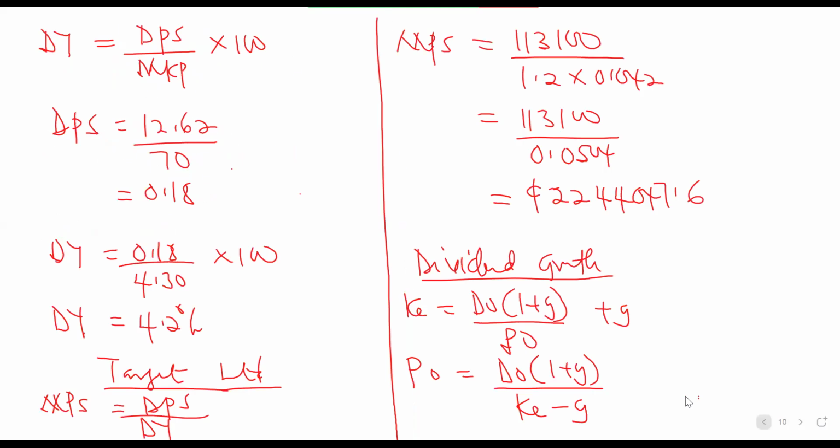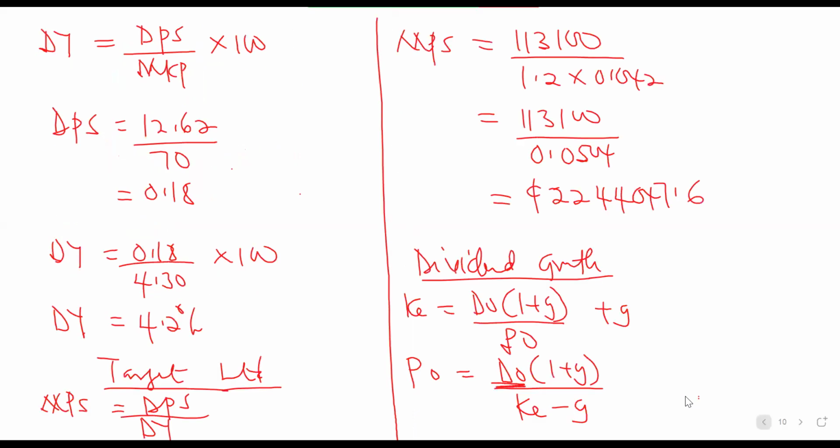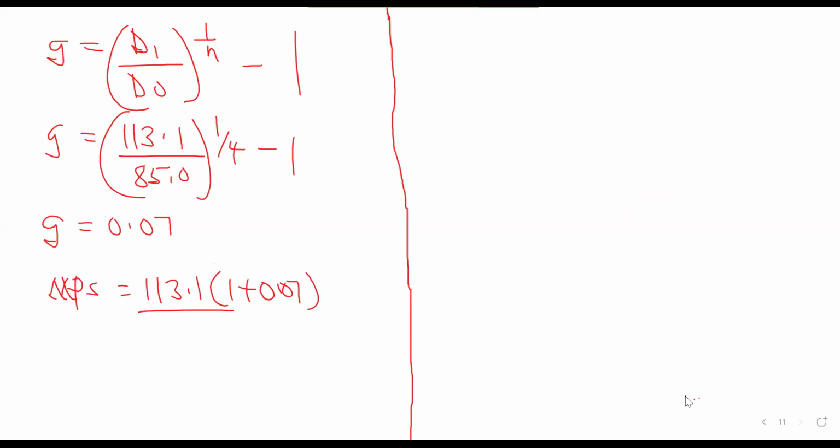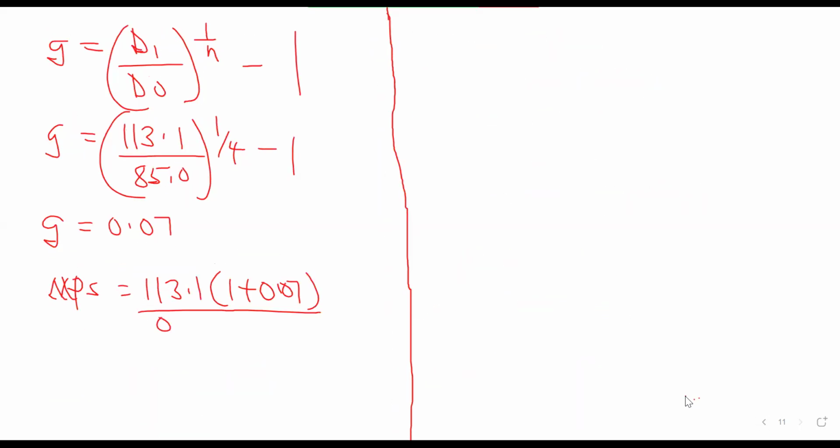Okay. So we can now calculate our market price, which will be calculated on total level. It will be our current dividend of 111.1 into bracket 1 plus 0.07. Since we are calculating this on total level, we use the total dividend to find the total market value. Our Ke, the cost of equity, is given to us as 15%. So we have 0.15 minus 0.07. So the top, what are we having?